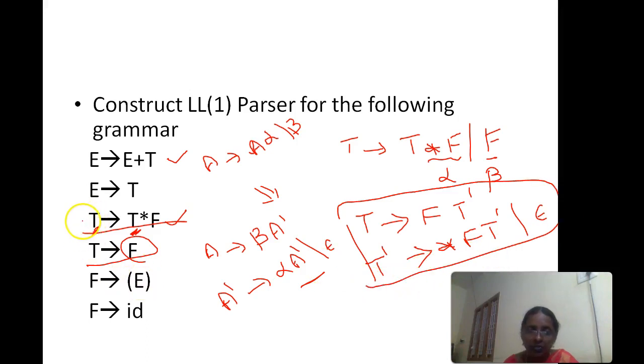So instead of this production, we will be writing these three productions. T generates F T dash and T dash generates star F T dash or epsilon. So the resultant grammar will be this.